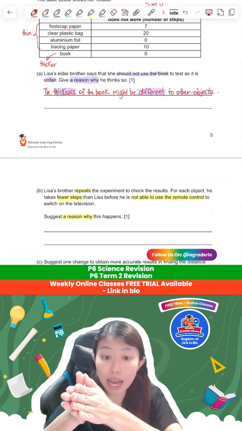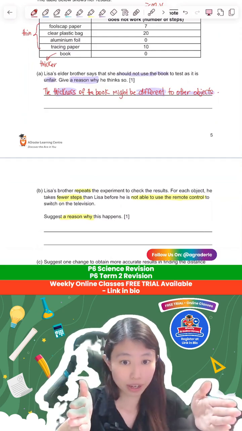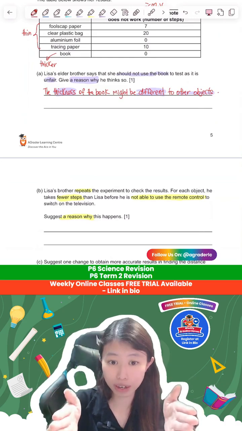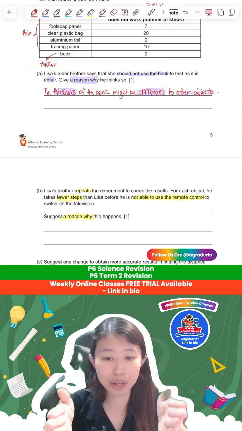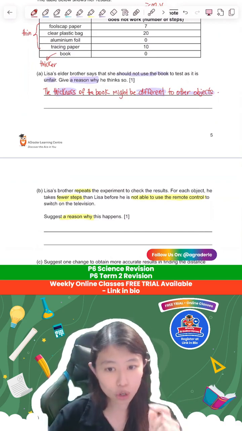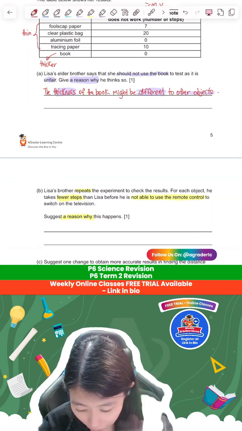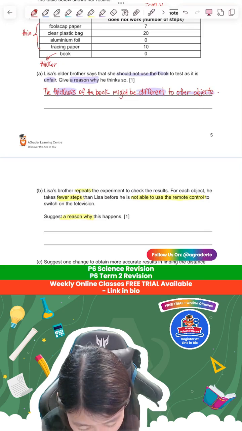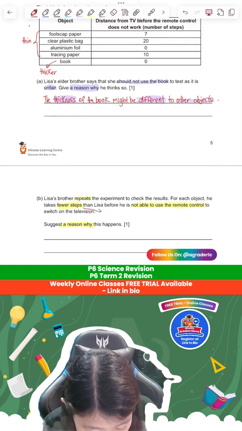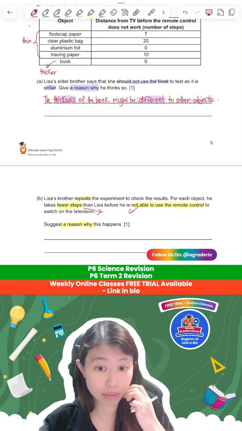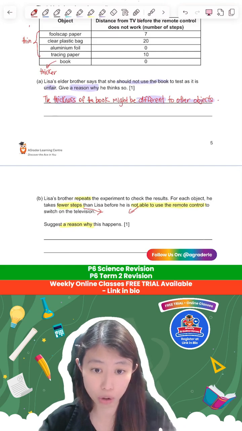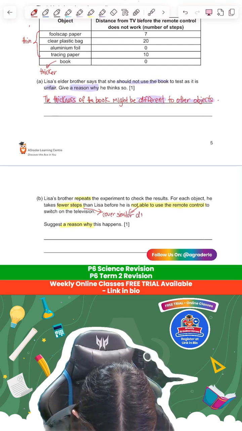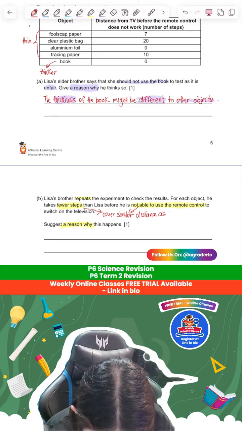So that means maybe Lisa, for example, took 10 steps, correct? Is this distance. But to cover this same distance, Lisa's brother actually maybe only took 7 steps, for example, to reach the same distance. Okay, so yes, very good. So it's basically Lisa's brother took larger steps than Lisa. So take note. I just write down the notes, okay? If he took fewer steps and is not able to use the remote anymore, which means that he's able to cover a similar distance as Lisa.